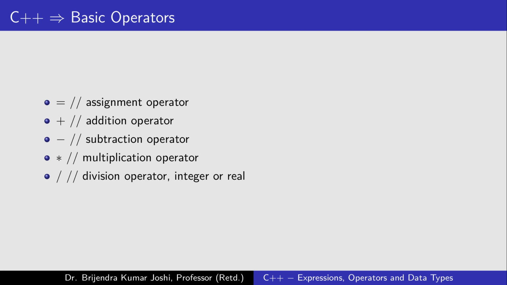This one we have already seen, the assignment operator. Then next is the normal addition operator, plus symbol, minus symbol, subtraction operator, star for multiplication, and / for integer division as well as real division.